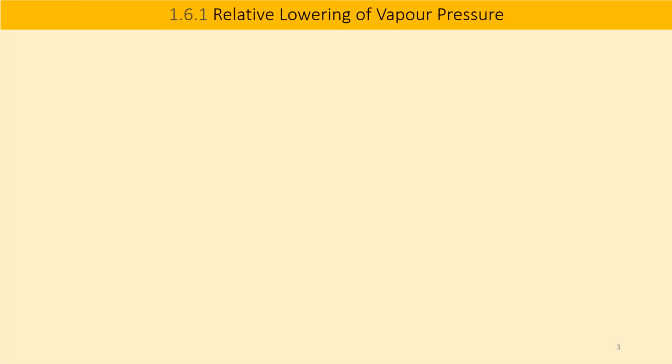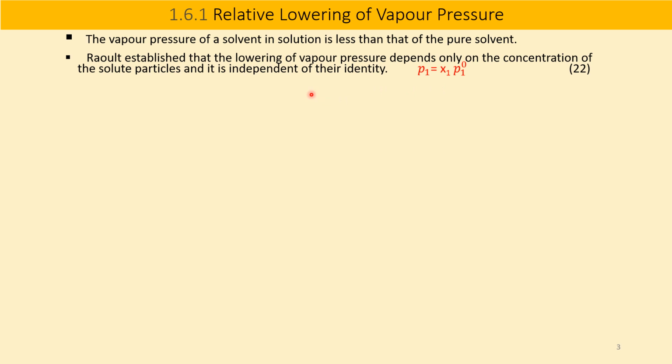Relative lowering of vapor pressure. The vapor pressure of a solvent in the solution is less than that of pure solvent. According to Raoult's law, the lowering of vapor pressure depends only on the concentration of solute particles and it is independent of their identity.